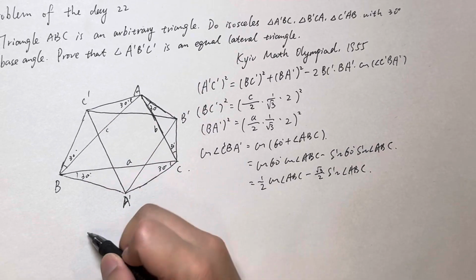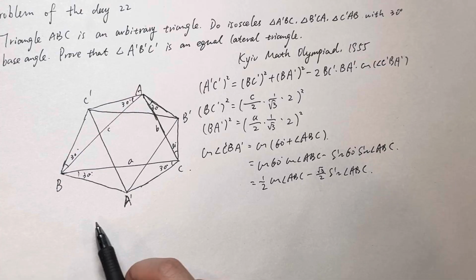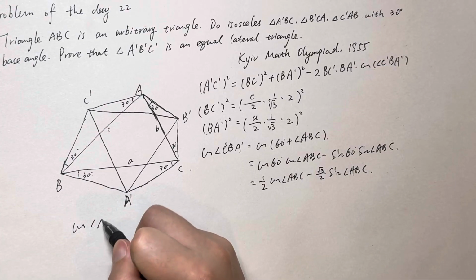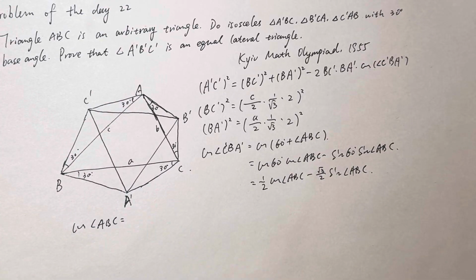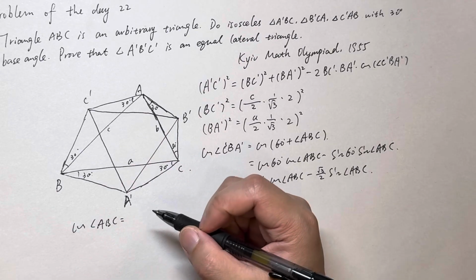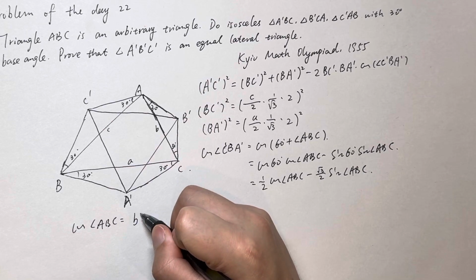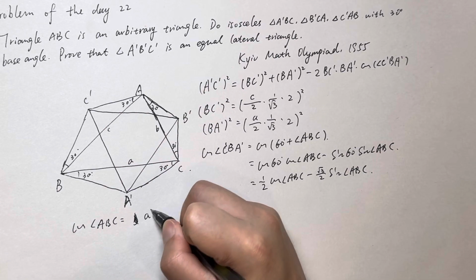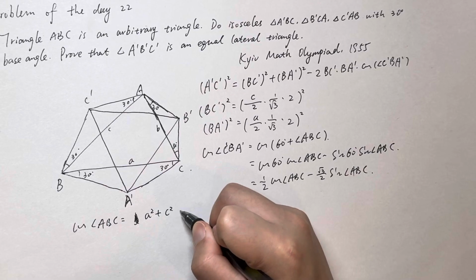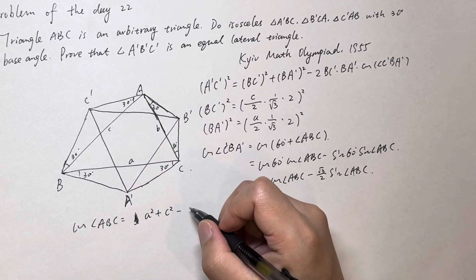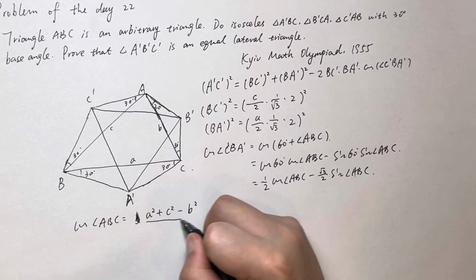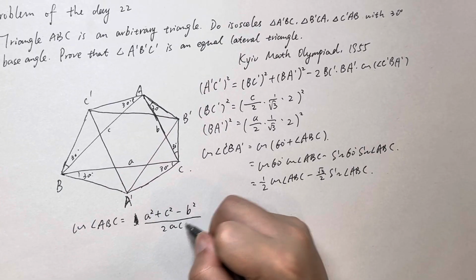And cosine angle ABC, let me write down here. It can be written as a squared plus c squared minus b squared divided by 2ac, right?